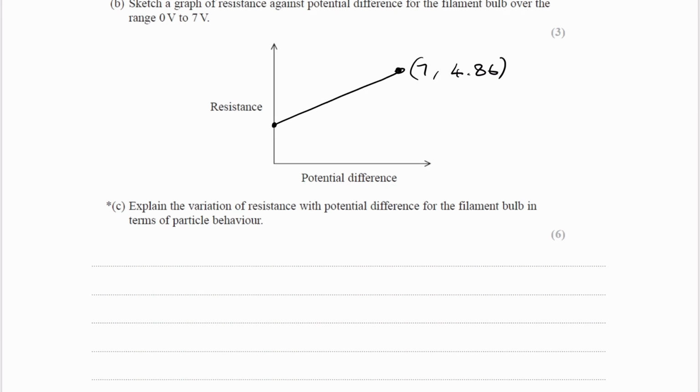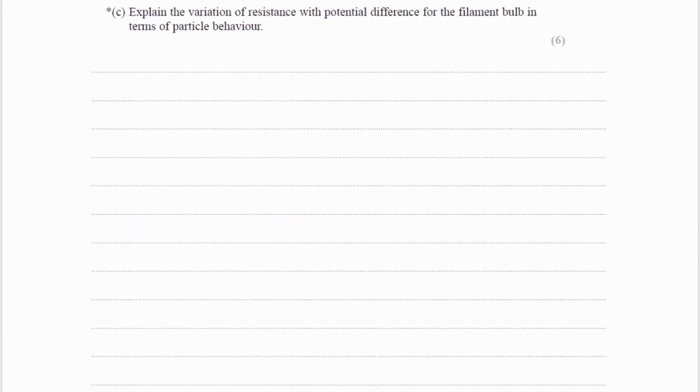On to part C. It says, explain the variation of resistance with potential difference for a filament bulb in terms of particle behavior. So as you increase the voltage of a filament lamp, that increases the work done per unit charge, as that is what voltage is equal to. If we're increasing the work done per unit charge by your cell, that basically means that the electrons gain more energy.